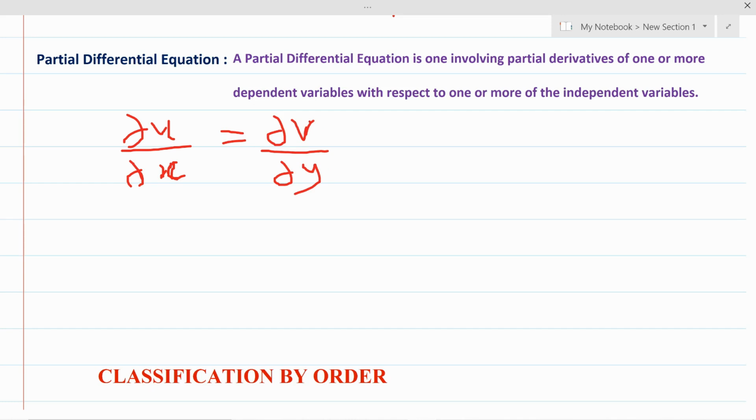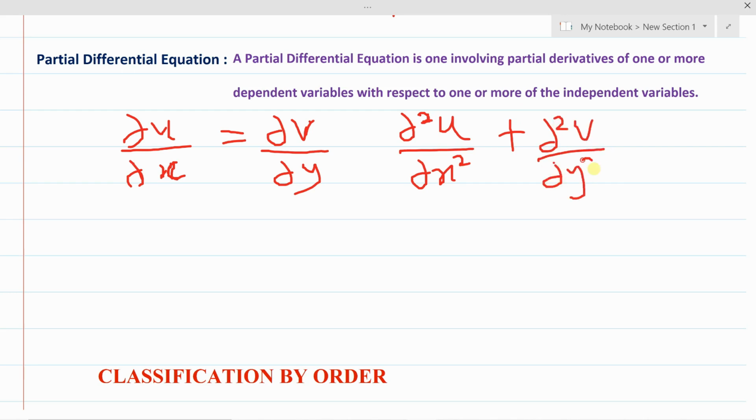I can also get something like del squared u/del x squared plus del squared v/del y squared plus, let's say, del q/del t.